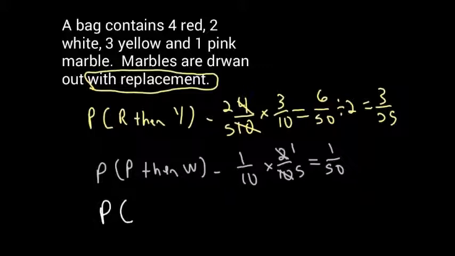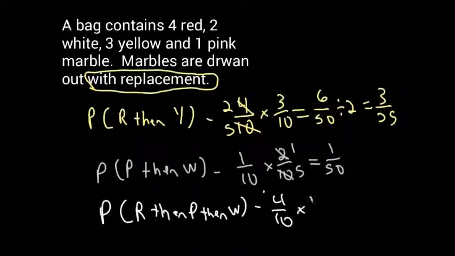So we could do probability of a red, then pink, then white. So we're just going to have 3 now instead of 2. So red would be 4 out of 10, pink would be 1 out of 10, and white would be 2 out of 10.